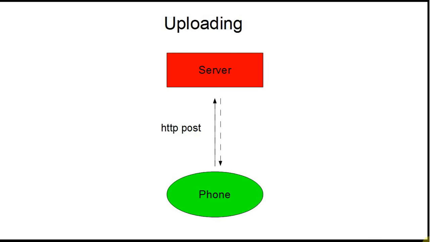If you want to send data to a computer somewhere on the internet, you're going to have a server running somewhere accessible via the internet, and then your phone will send data to it, and most typically it will use HTTP POST, because a GET is just like typing stuff into the URL bar in a browser, but a POST sends things behind the scenes, so to speak, and communicates directly with the server that way.